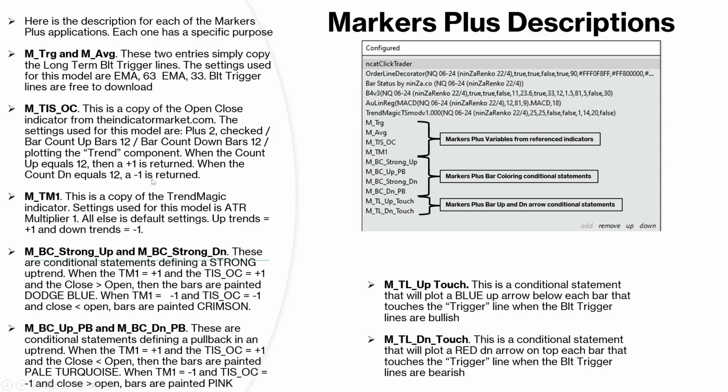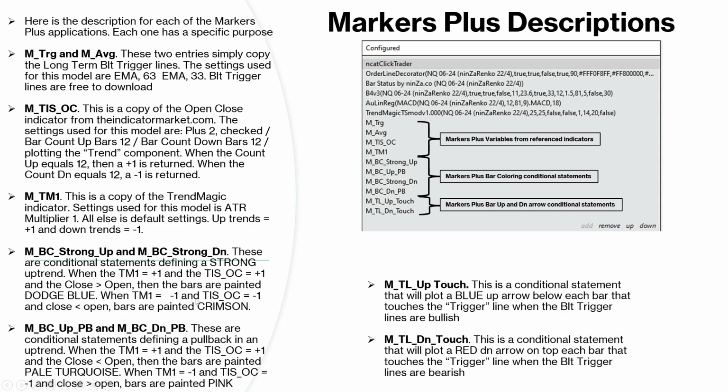When the TM1 equals +1 and the TISOC equals +1 and the close is greater than the open, then the bars are painted Dodger blue. And when the TM1 equals -1 and the TISOC equals -1 and the close is less than the open, bars are painted crimson. So those are the strongest up and down moves.